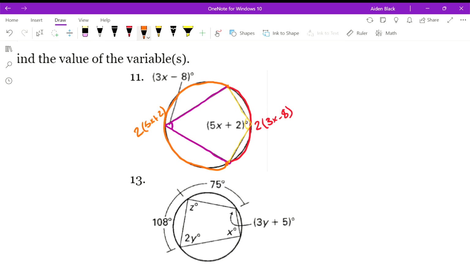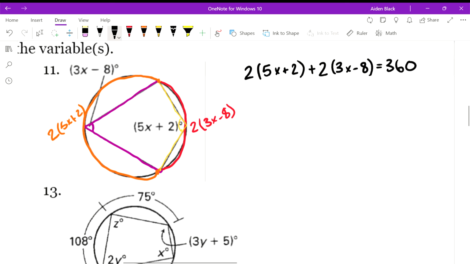Now, we know that those two together, I'll just do this in black, 2 times 5x plus 2 plus 2 times 3x minus 8 equals the whole circle, 360.